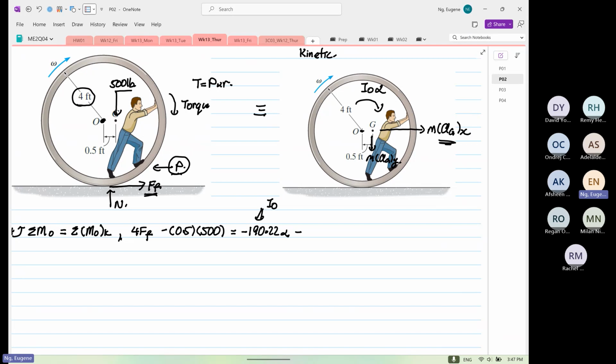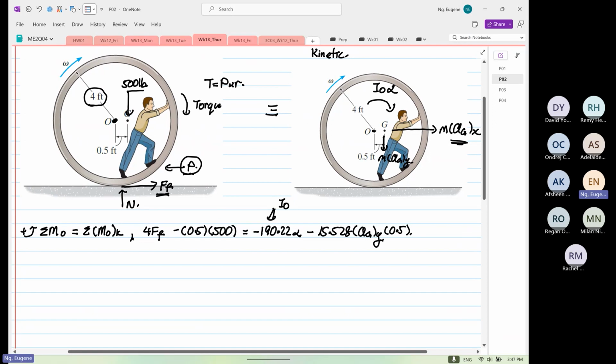But MAGY does have a moment. So it's 15.528 MAGY, multiplied by a distance of 0.5.